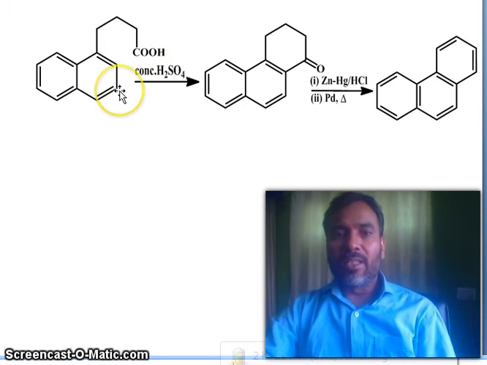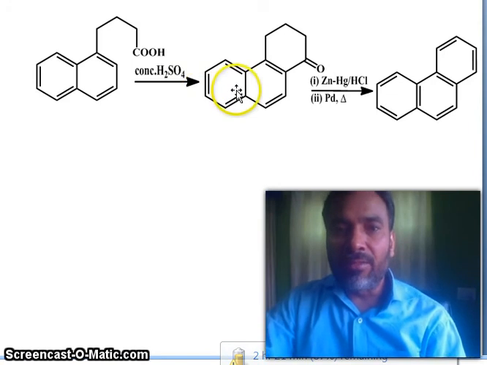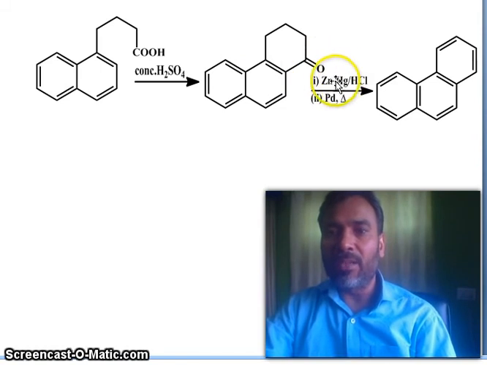This product undergoes reaction in the presence of concentrated H2SO4 to give this cyclized product. Again there is a CO group, so this again undergoes reduction with zinc amalgam and hydrochloric acid, and further, palladium on heating gives the cyclized product, which is phenanthrene.